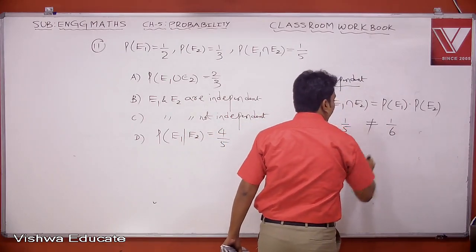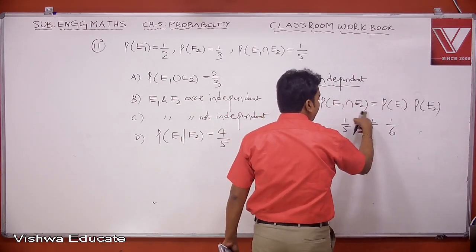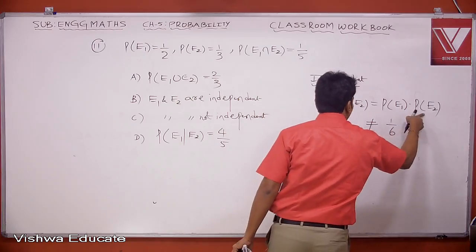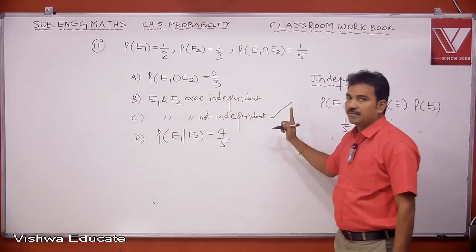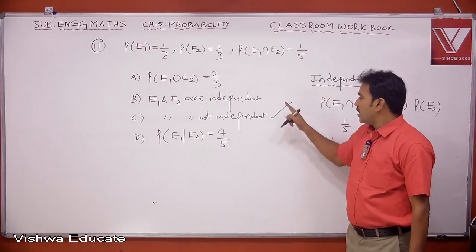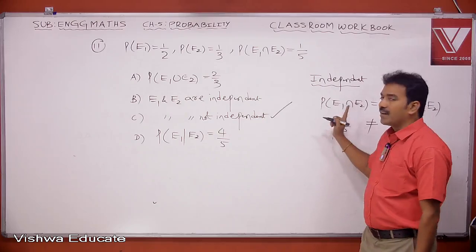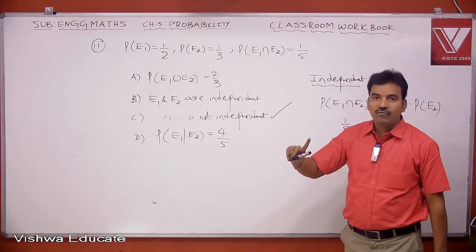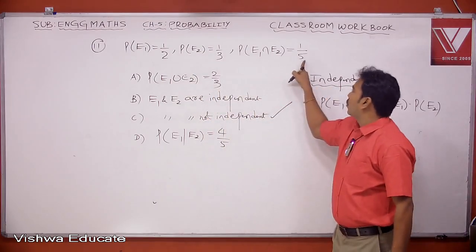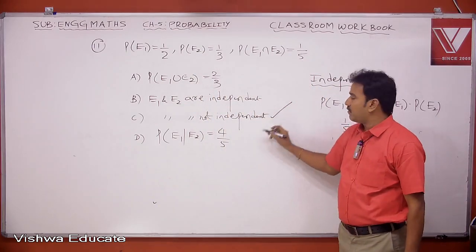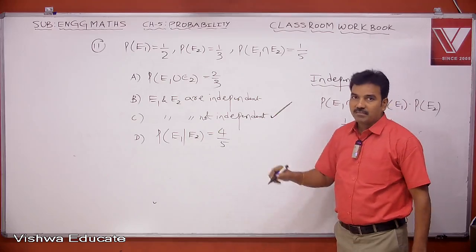So these are not equal. So they are not independent. So option C is the right answer. Very simple to verify. If they are independent events, P of E1 intersection E2 must be P of E1 dot P of E2. But 1 by 2 into 1 by 3 is not equal to 1 by 5. So they are not independent events. So option C is the right statement.